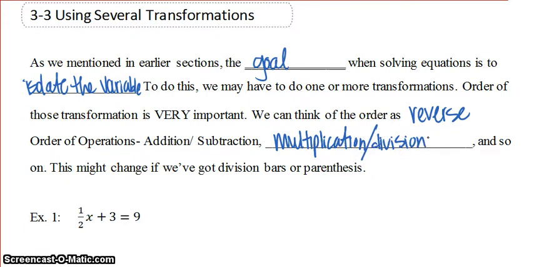And this might change if we got division bars or parentheses. It just depends on the circumstances. And basically, again, you're working backwards from what you did before. So hopefully I'll give you some examples, and as you keep doing more and more, you'll be able to recognize what you're supposed to do.